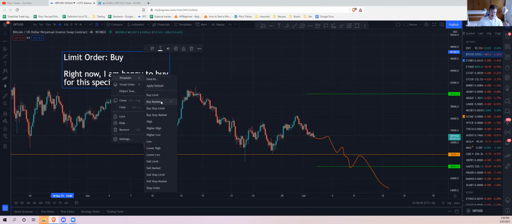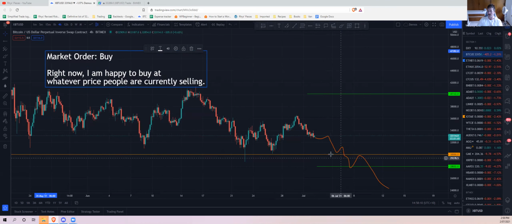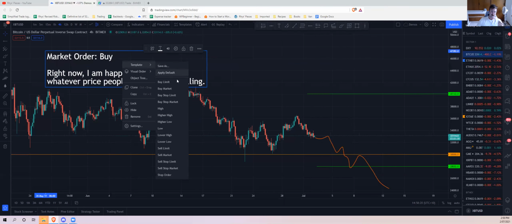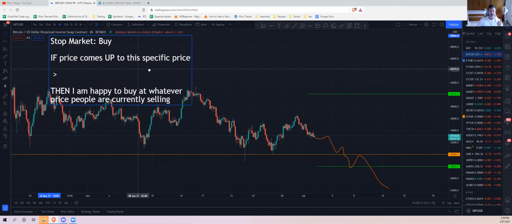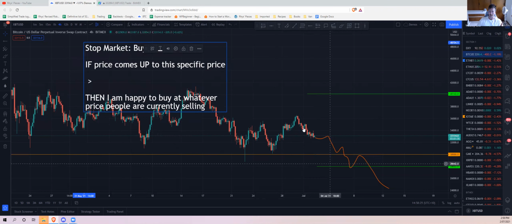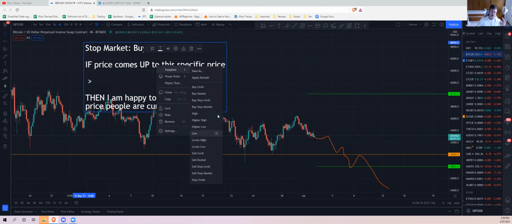Obviously a market buy is the same as a limit buy but reverse. It's just going to take whatever sell liquidity is there until your position size is filled. And then the stop market buy is, if price gets to 40,000, market buy.